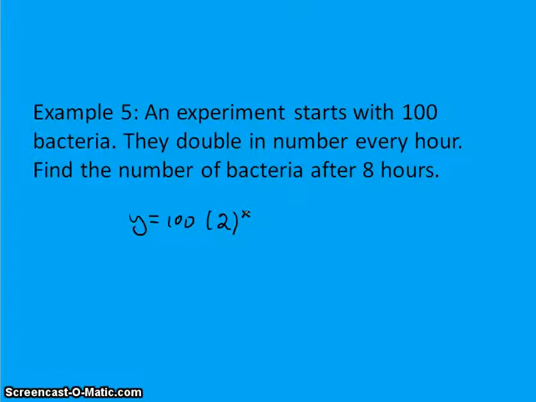And again, x is still the number of time periods. So find the number of bacteria after 8 hours. So we're going to plug in 8 here because x is the number of hours. So 2 to the 8th is 256 times 100 is 25,600. So they didn't give us the growth rate, they gave us the growth factor, which, if you think of it as a rate, 1 plus 1, would be a 100% growth rate.